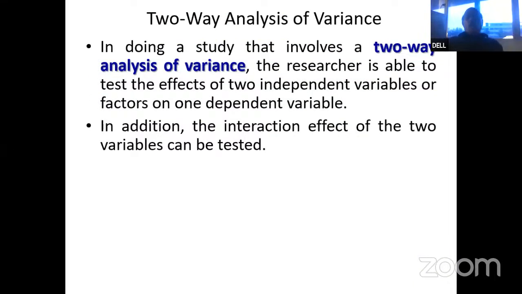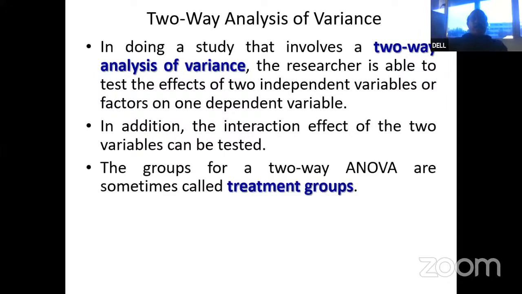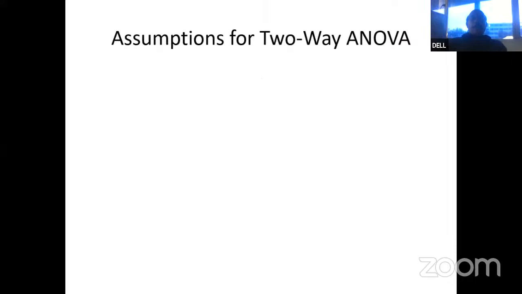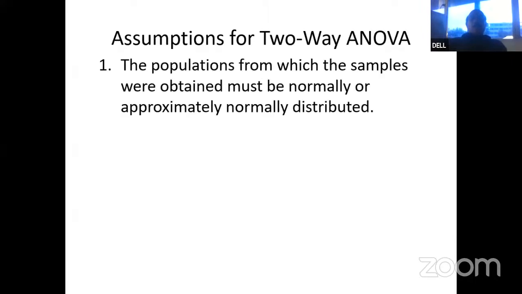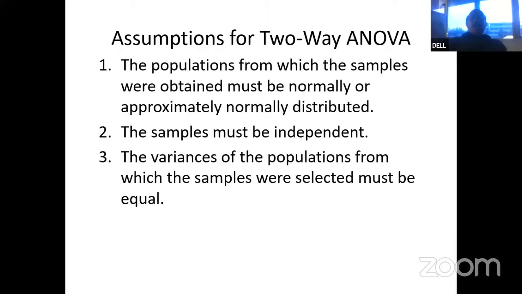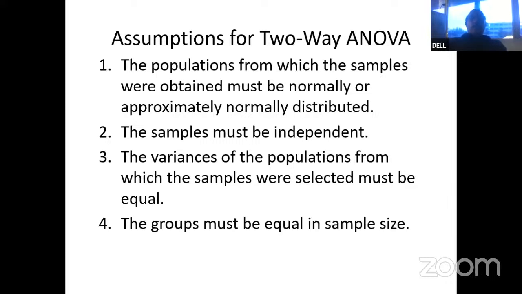Similarly, two-way analysis of variance, a two characteristic based study. These are the assumptions. Populations from which the samples are obtained must be normally or approximately normally distributed. Samples must be independent.